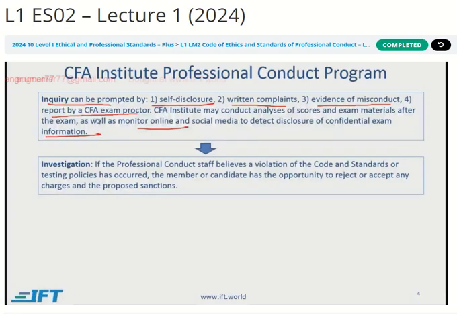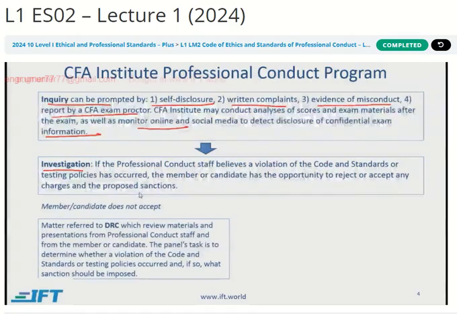After the inquiry, the next point to discuss is the investigation. If the professional conduct staff believes a violation of the code and standards or testing policies has occurred, the member or candidate has the opportunity to reject or accept any charges and the proposed sanctions.